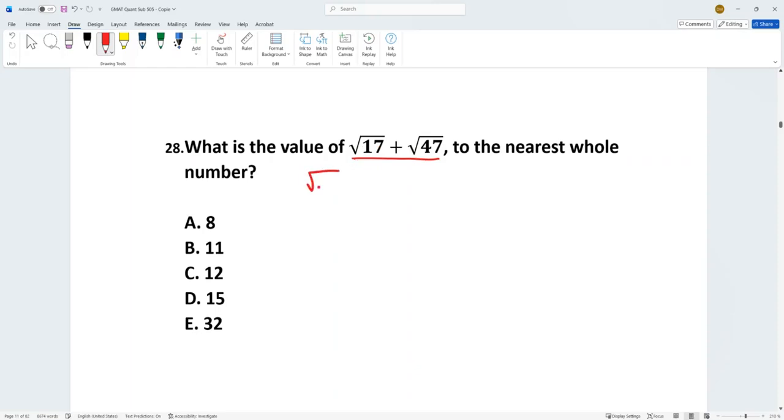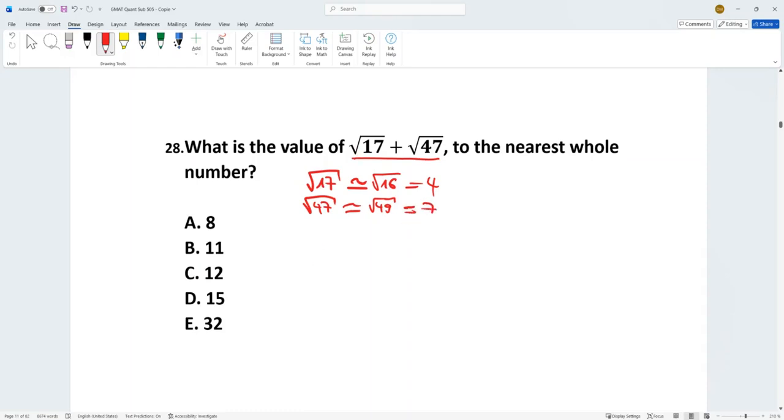So that will give us the approximation to the nearest. What we can say here is that 17 here is closer to 16. So this is closer to square root of 16, which is 4. And 47 is approximately equal to 49. That can lead us to say square root of 47 is approximately equal to square root of 49, which is equal to 7.